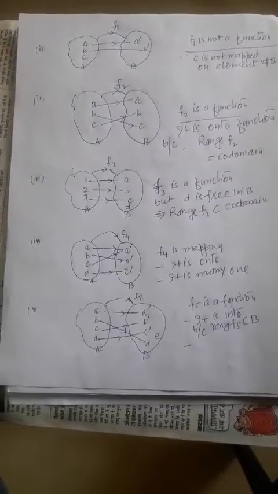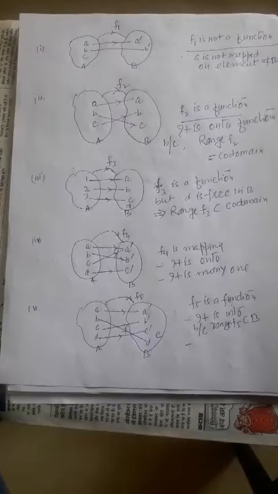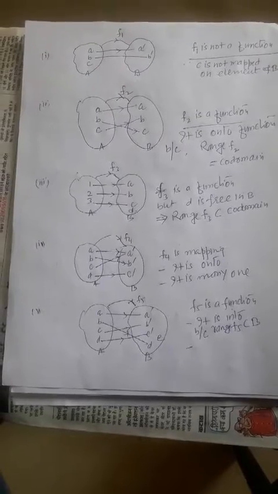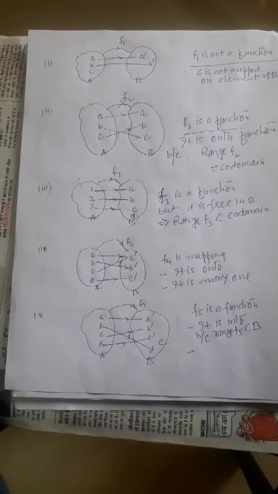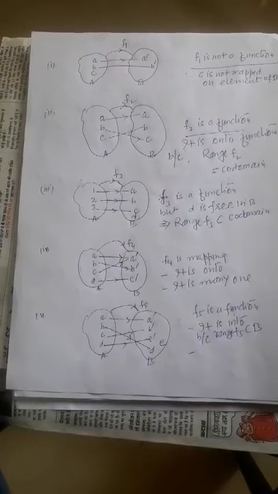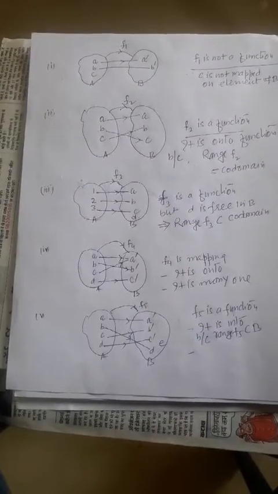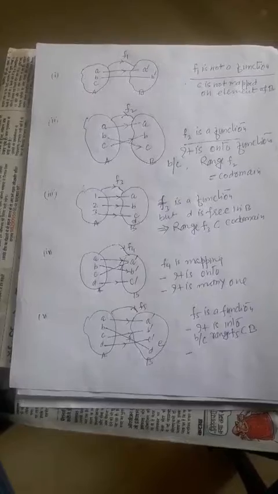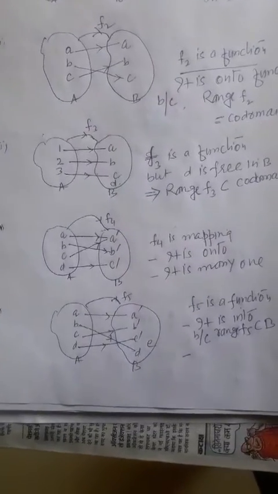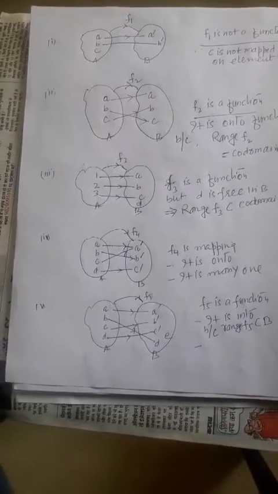Now, second, f2. The set A contains a, b, c, and set B contains a, b, c. The image of a is equal to a, b is mapped to c, and c is mapped to b. Now, no element is free.